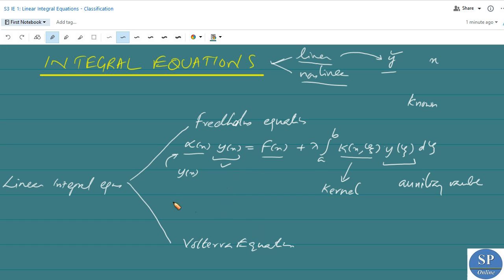That is, Volterra integral equation has the form alpha of x y of x equal to f of x plus lambda into integral a to x, x is our current variable, k of x zeta y of zeta d zeta. So this is the Volterra integral equation.